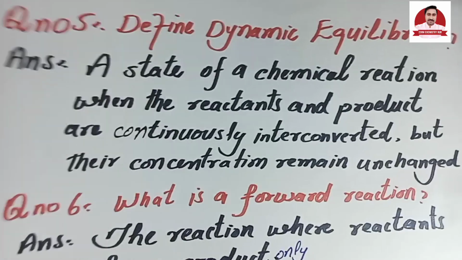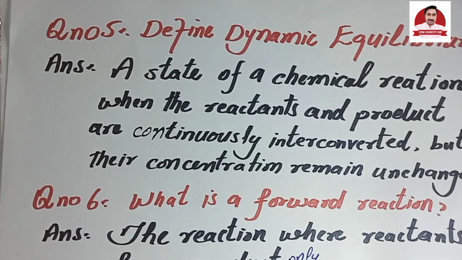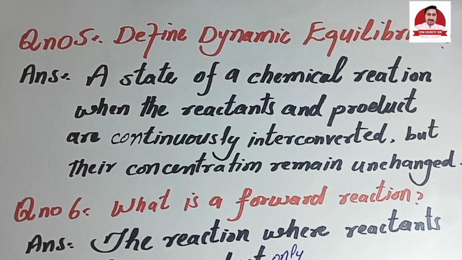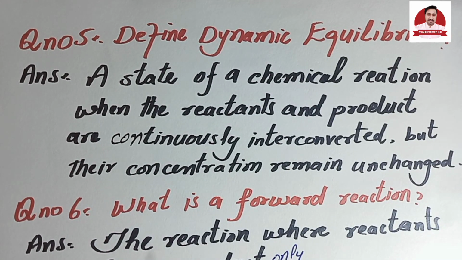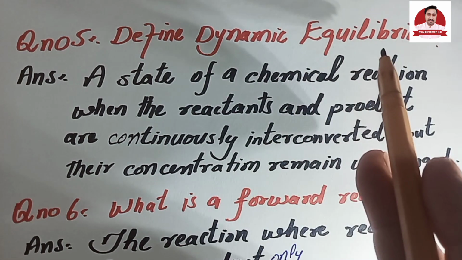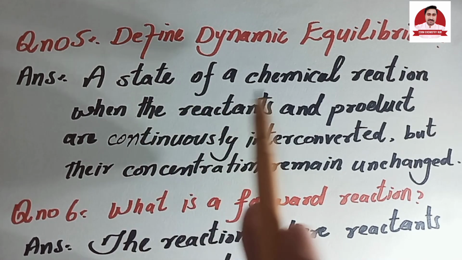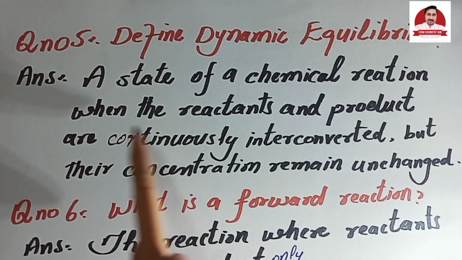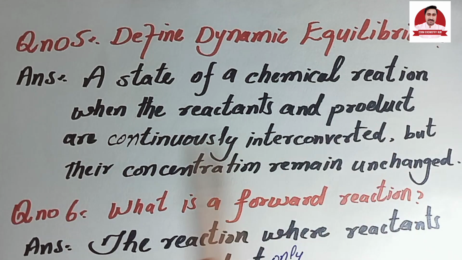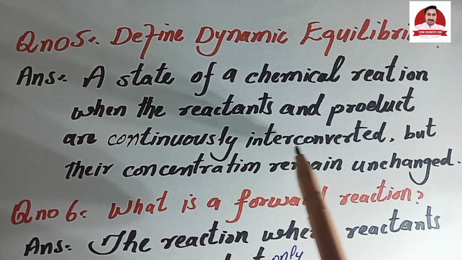Next question, question number 5. Define dynamic equilibrium. Dynamic equilibrium is a state of a chemical reaction when the reactant and product are continuously interconverted.